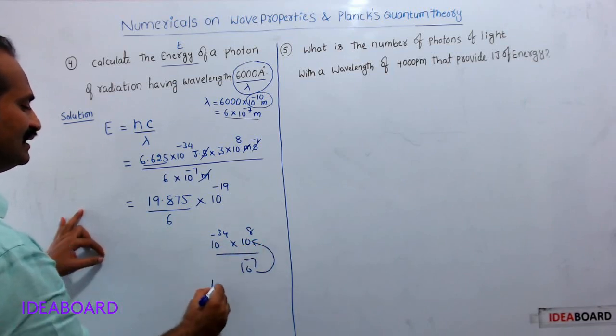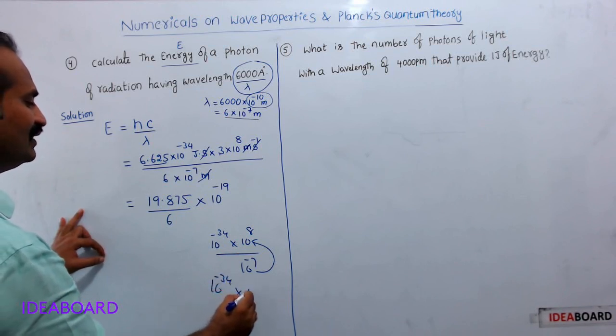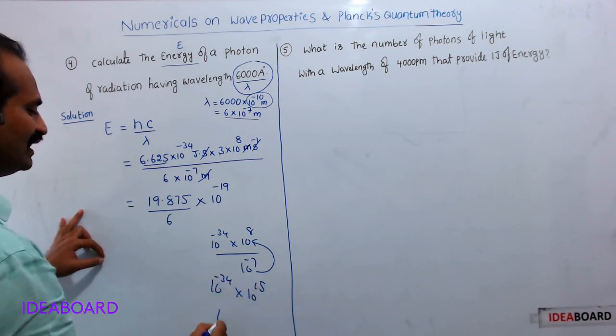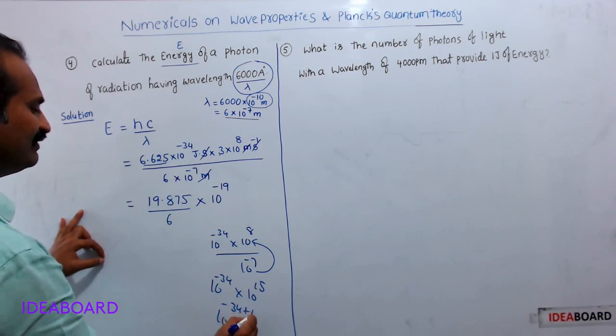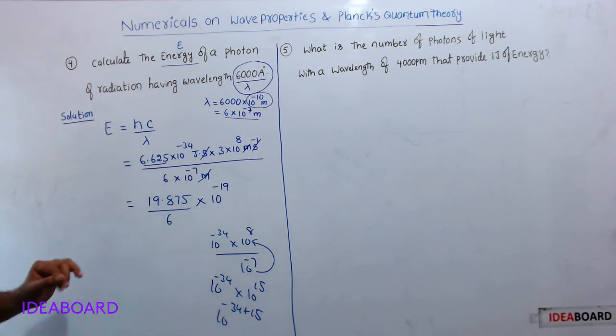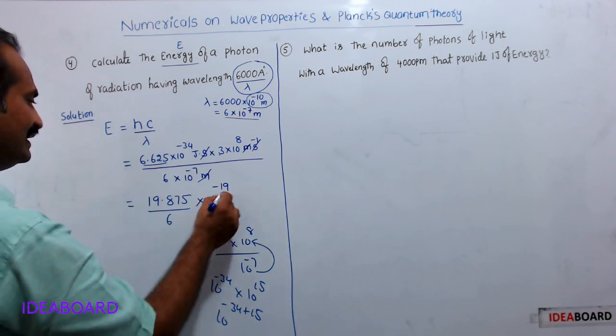The 10 power minus 7 goes up, meaning 10 power 8 into 10 power 7 is 10 power 15. Then 10 power minus 34 into 10 power 15, so 10 power minus 34 plus 15, gives 10 power minus 19.